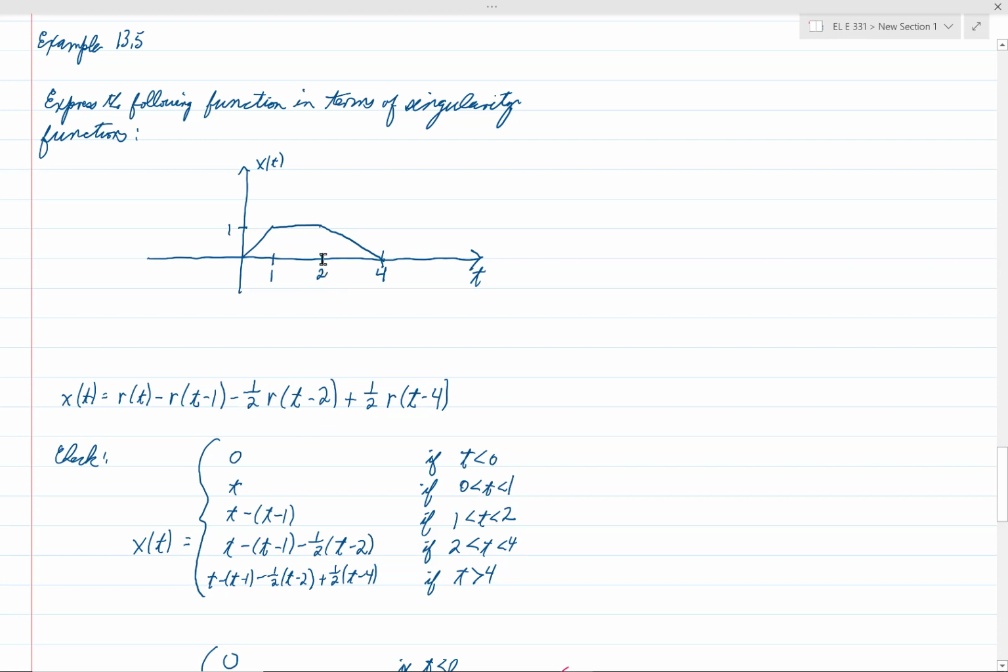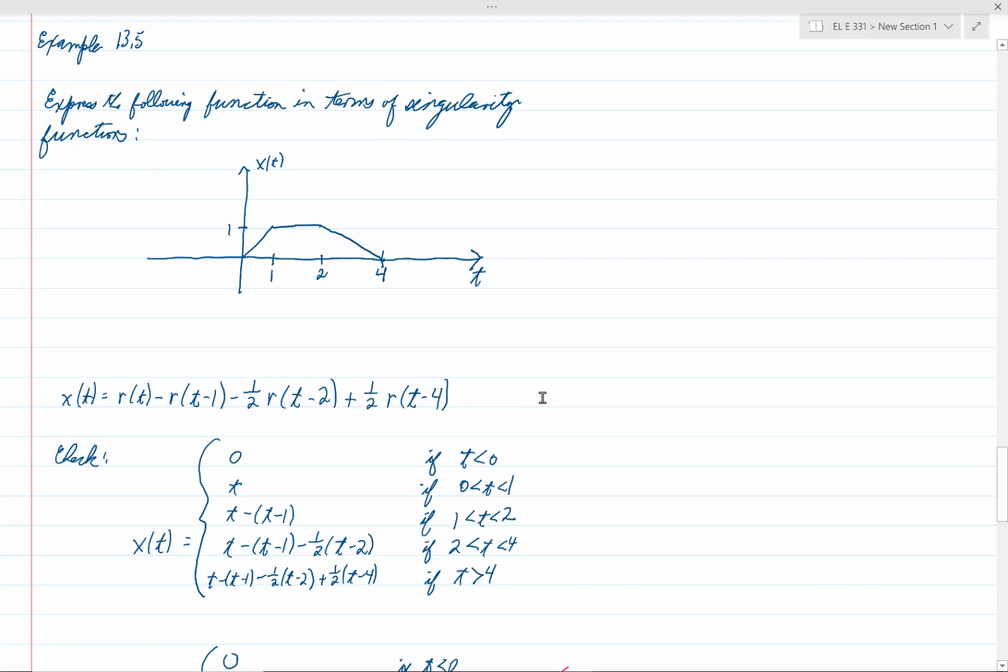This will make it start at t equals 2, and it starts going down with a slope of negative 1/2. But then when I get to t equals 4, I want it to flatten out. So that's why I then will have to add in a positive 1/2 r of t minus 4. So I claim that this right here is how to express that function in terms of singularity functions.